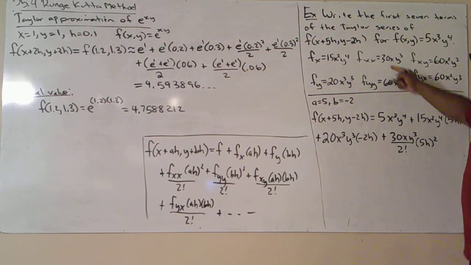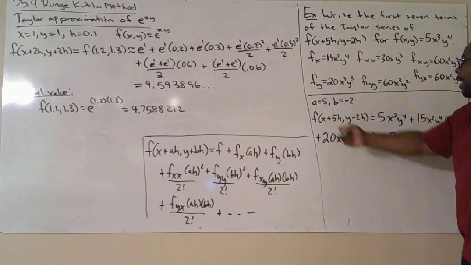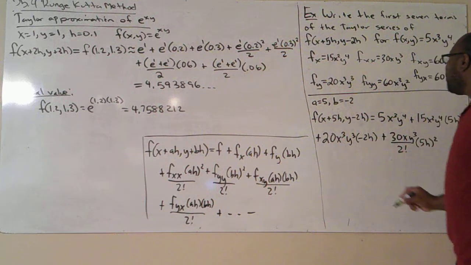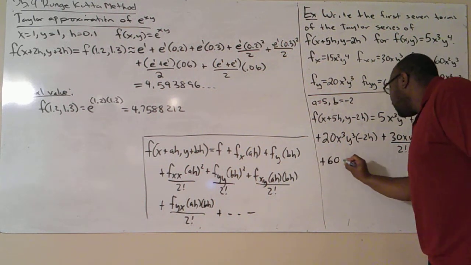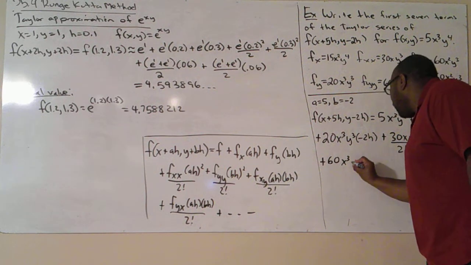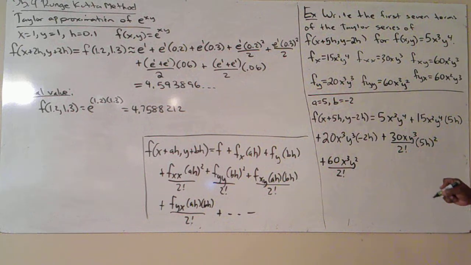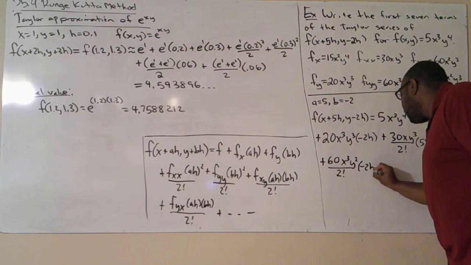Because this is dealing with x twice, 5h is being added to x twice. Essentially, you can think about it like that. Plus 60x cubed y squared divided by 2 factorial, and then this becomes times -2h squared.